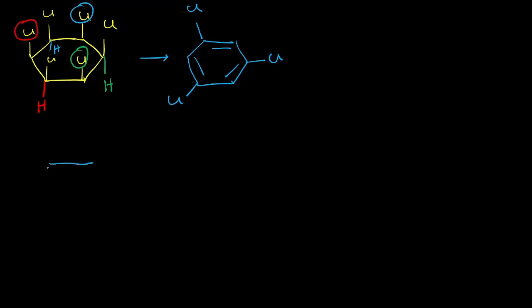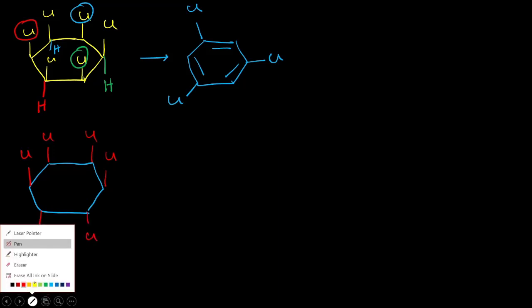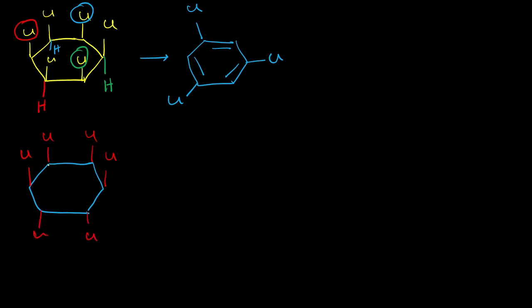Moving forward to the second ring, or second molecule, we have 4 chlorines above the plane and 2 chlorines below the plane. Now again, for this chlorine we have one hydrogen here.